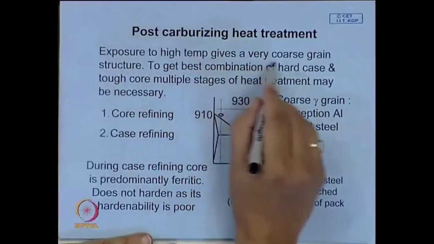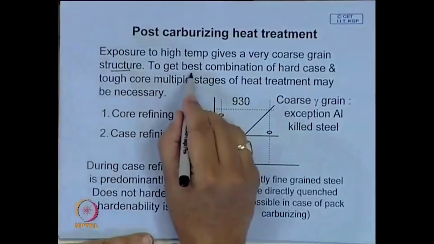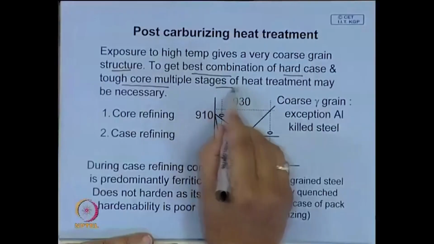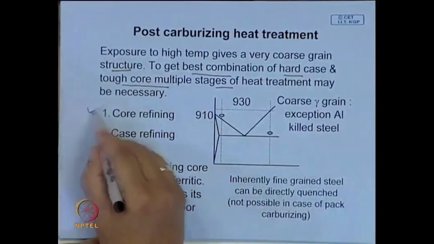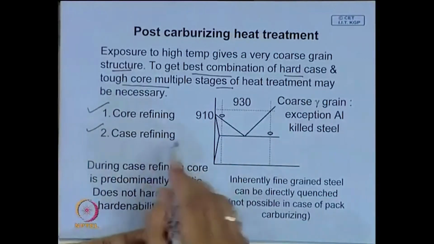This is shown here. Exposure to high temperature gives a very coarse grain structure in the core, and to get the best combination of hard case and tough core, multiple stages of heat treatment may be necessary. This is why we talked about core refining, and case refining and hardening.